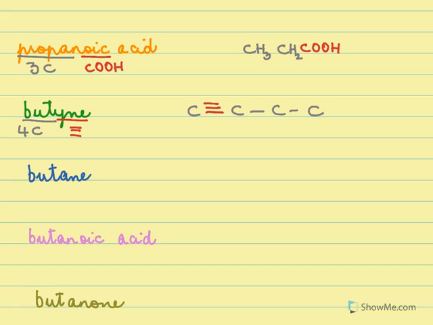So let us see the first carbon: how many hydrogens can it hold? It already has 3 bonds occupied, so it can hold only 1 more. This middle carbon already has 4 arms occupied, so it cannot hold any more. The next carbon already has 2 arms occupied, so it can hold 2 more: hydrogen and hydrogen.